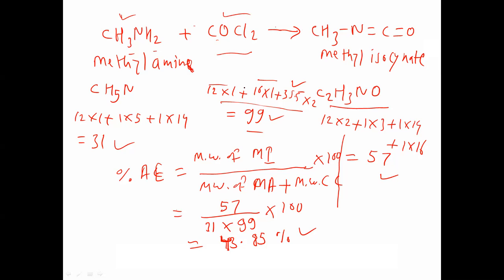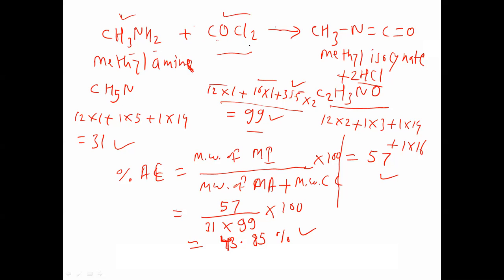If you look at the actual reaction, we did not balance it out. Two HCl molecules are removed, and that is a big loss. While balancing the reaction, we did not consider the two HCl molecules. That is why the yield is just 43.85%.